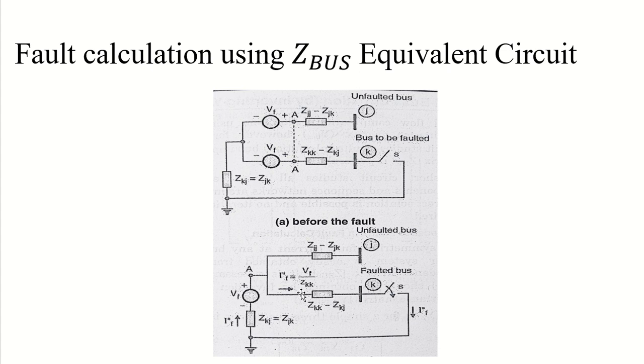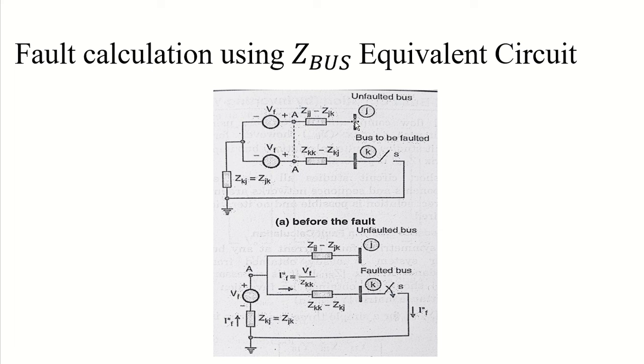So the value of current will be VF divided by ZKK, and because of that, it will induce a voltage drop in the direction of my J bus as well. What will be the value of the voltage drop across my J bus?